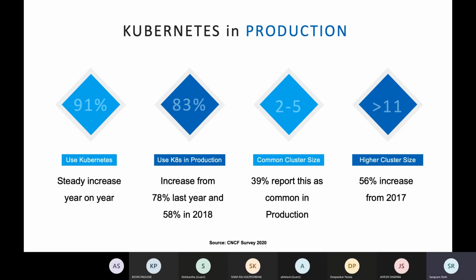The common cluster size that we see is typically 2 to 5, and we've had an increase in customers using a higher cluster size as well. So we see a lot of customers going to more than 11 nodes in a given cluster.